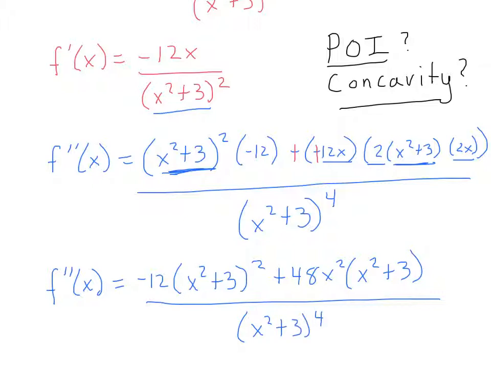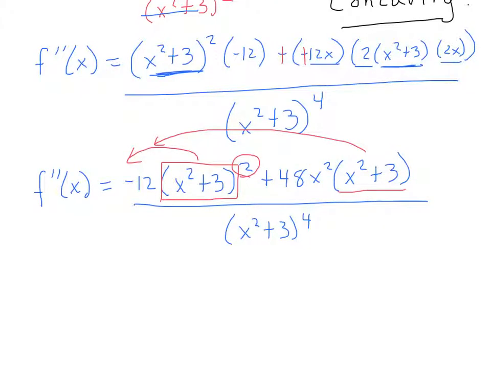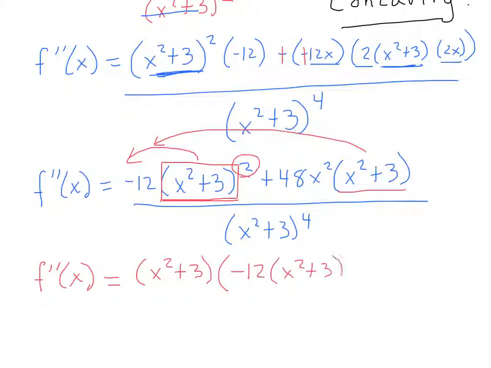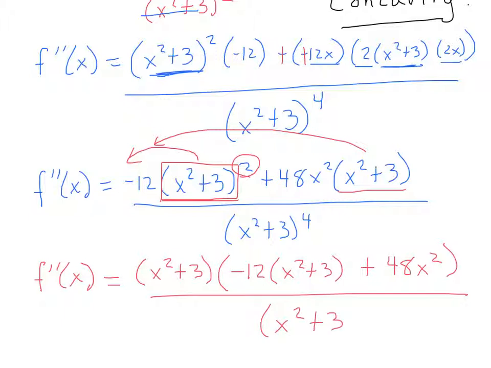Now what you notice is I've got two (x squared plus 3)'s here because it's squared, and I've got one of them here. And so I can factor one of them out. Okay? And so what I'm going to do is I'm going to factor just one of the (x squared plus 3)'s out. So I have f double prime of x equals, and I'm going to write this as (x squared plus 3) times [negative 12 times (x squared plus 3) plus 48x squared] all over (x squared plus 3) to the 4th power.